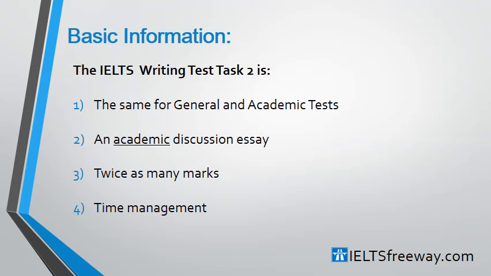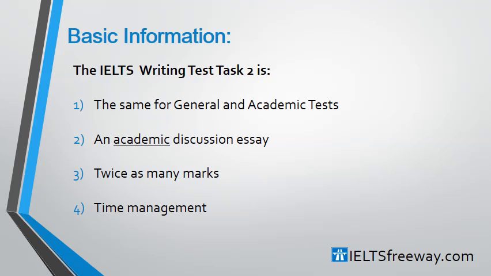Time management is very important for the writing test because you are given 1 hour to do both parts. So you have to decide how long you spend on each part. Nobody will tell you when to change from task 1 to task 2.